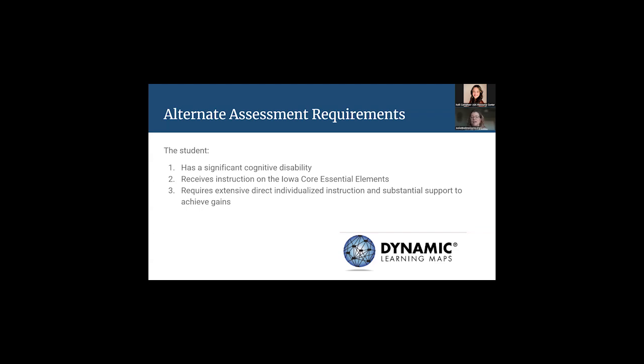That means they're still having access to the big ideas, but they're not as complex as perhaps the general education core standards. And the third requirement is that they require extensive, direct, individualized instruction and substantial support to achieve gains.